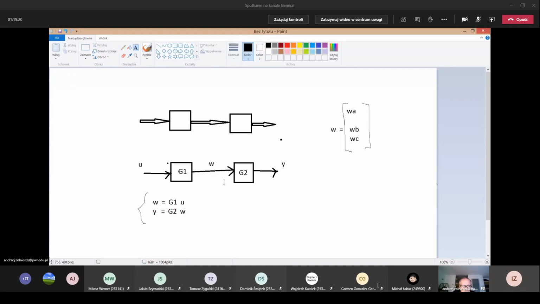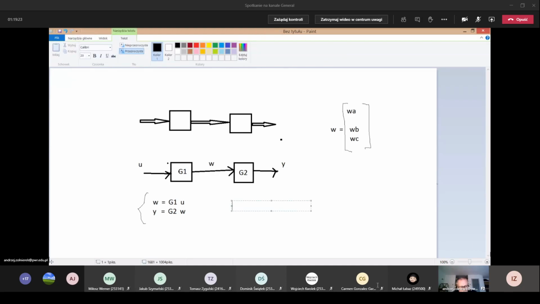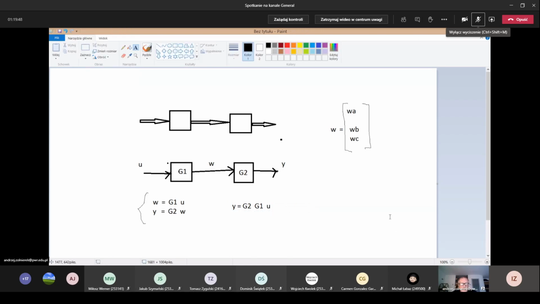And you can see that Y is equal G2 multiplied by W. In the place of W, I take the relation from the first equation and put G1 multiplied by U. And it means that final description is this, that the multiplying of the matrices is in the backward way.